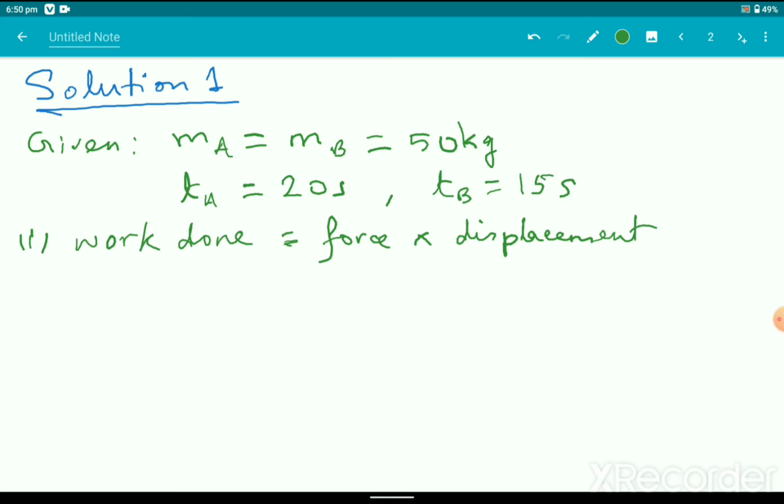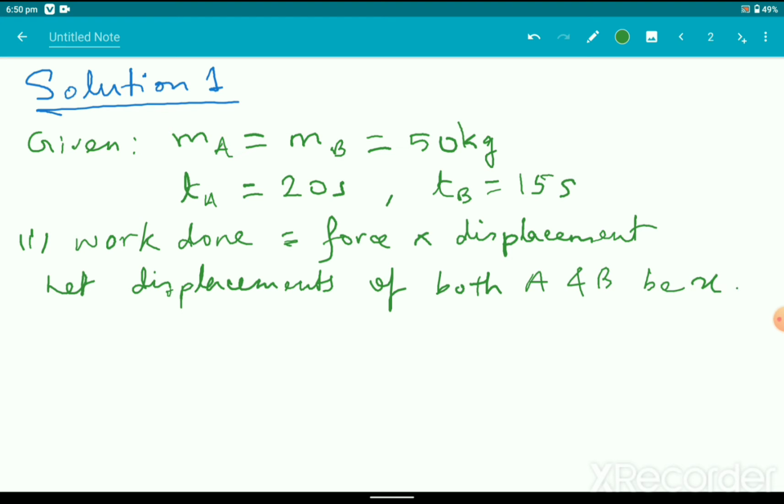Hence we can say that the displacement of both the persons, A and B, let us consider to be x.